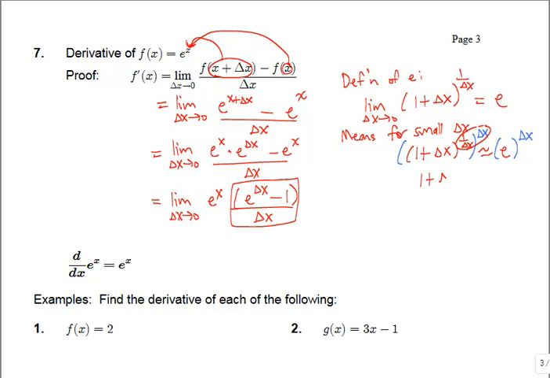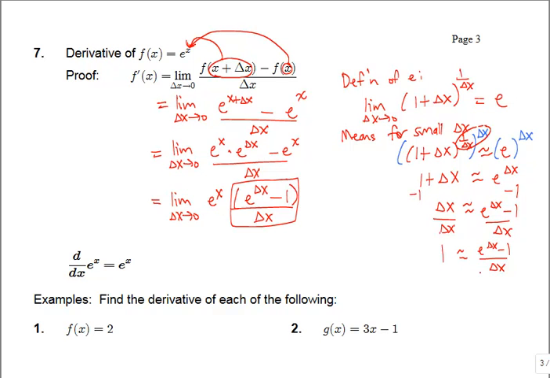So the left-hand side just becomes 1 plus delta x. And that should be approximately the same as e to the delta x. Now if I subtract 1 from both sides, I get that delta x should be approximately e to the delta x minus 1. And then if I divide by delta x, this left side goes to 1, and that means e to the delta x minus 1 over delta x should be approximately 1.